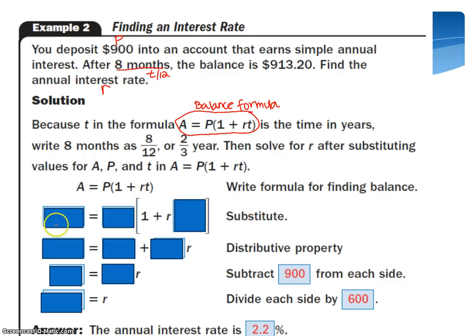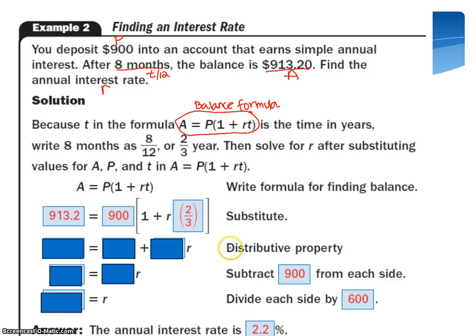So we know A is the balance, $913.20. The principal was $900. We multiply that by 1 plus the rate. We don't know the rate, times time, which is 2/3. Again, you can put the decimal in there if you like.